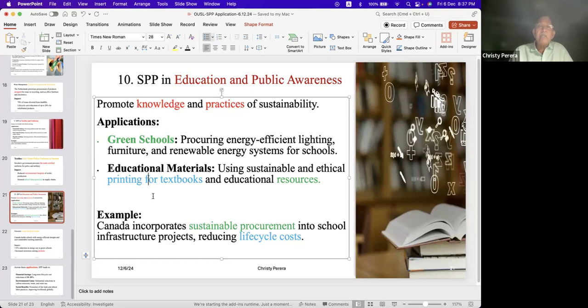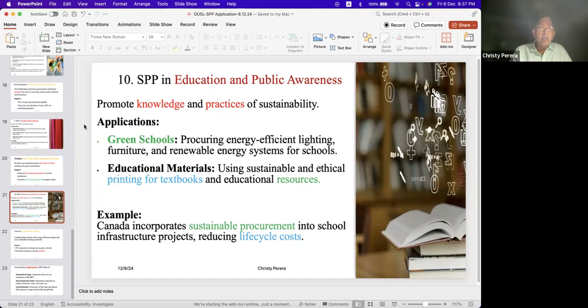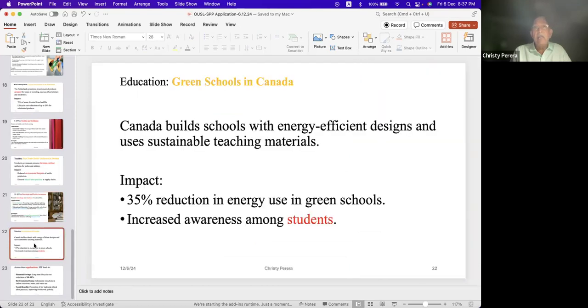Canada incorporates sustainable procurement into school infrastructure projects, reducing life cycle cost. You can reduce the cost. Don't think about cost. We will have to come to it one day. We'll have to make it in our country one day like that.